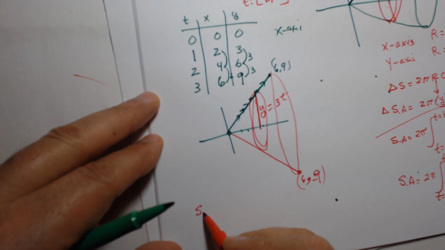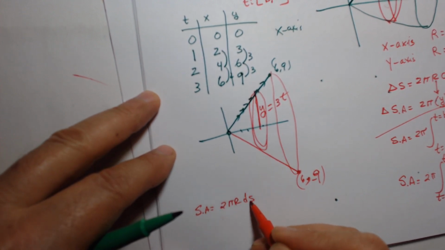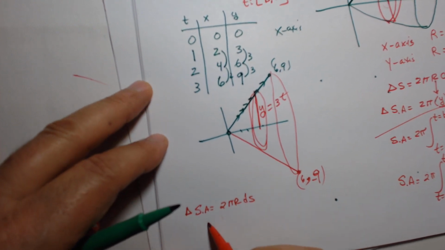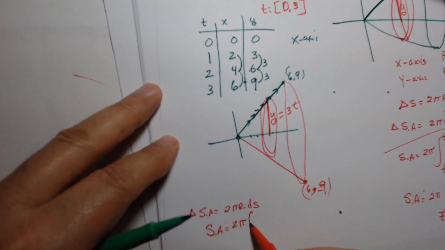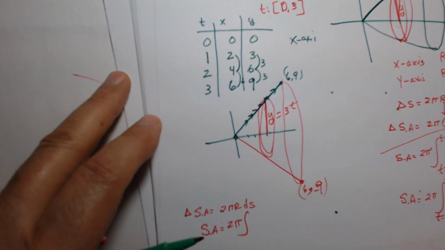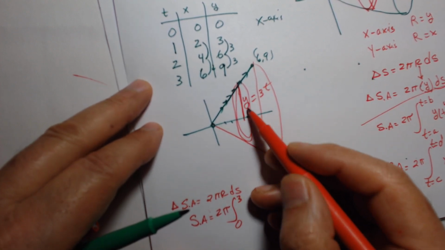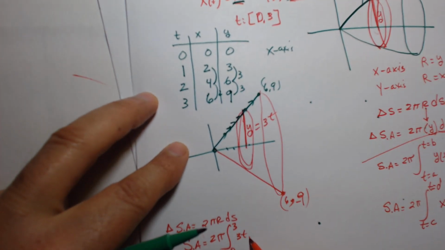Therefore, your surface area is 2 pi r ds. That surface area is for one of those disks. Your surface area is 2 pi integral, t goes from 0 to 3, your radius is y, and your y is 3t.